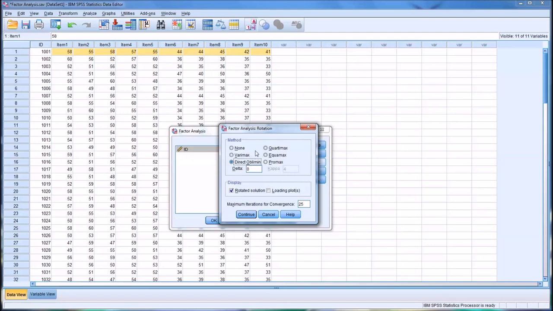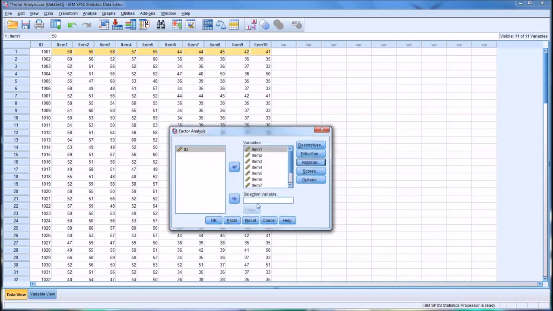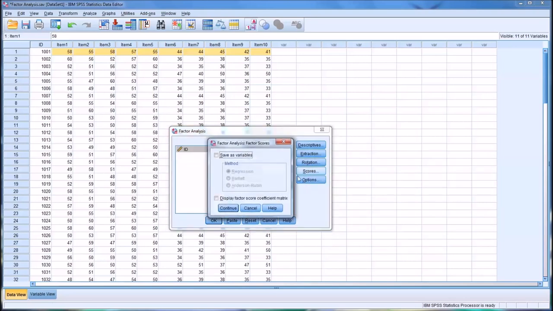It's orthogonal if you believe that they're not correlated, and it's oblique if you believe that they are correlated. So I selected the direct, and I want the rotated solution to be displayed. Scores, I did not endorse any of the options here, but you can save the scores as separate variables.